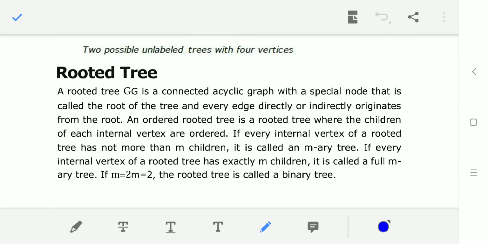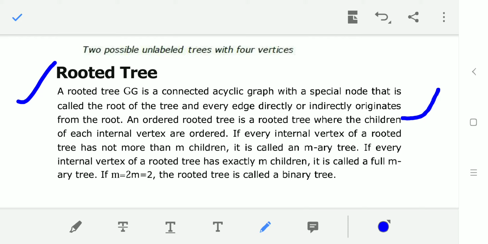Next is rooted tree. A rooted tree is a connected acyclic graph with a special node that is called the root of the tree, and every edge directly or indirectly originates from the root. An ordered rooted tree is a rooted tree where the children of each internal vertex are ordered.